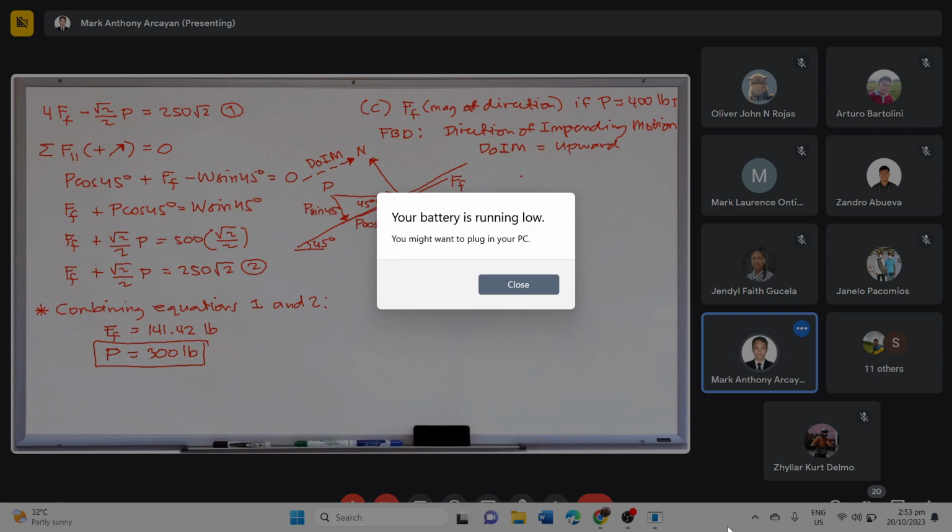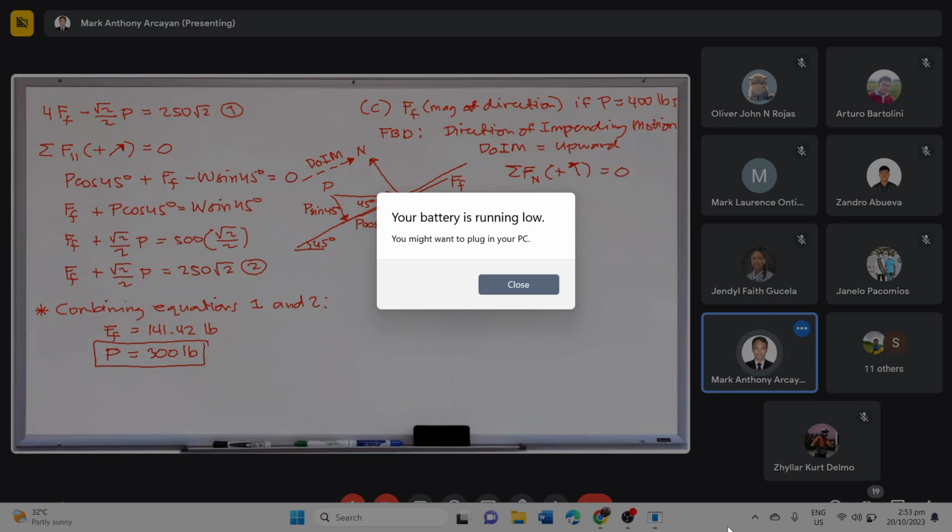Itong buhaton, summation of forces along the normal axis. No, we have positive kung pasaka that is equal to 0.